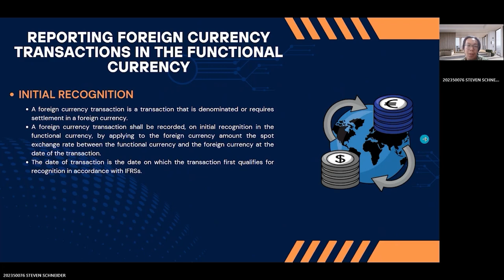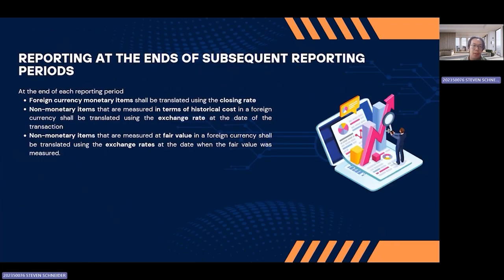Next is reporting at the end of subsequent reporting periods. At the end of each reporting period, foreign currency monetary items shall be translated using the closing rate. Non-monetary items that are measured in terms of historical cost in a foreign currency shall be translated using the exchange rate at the date of the transaction.